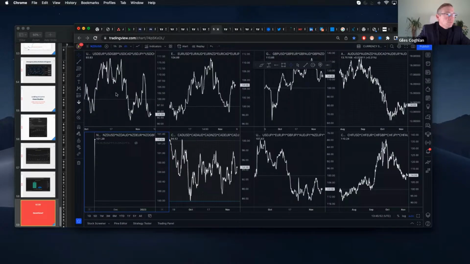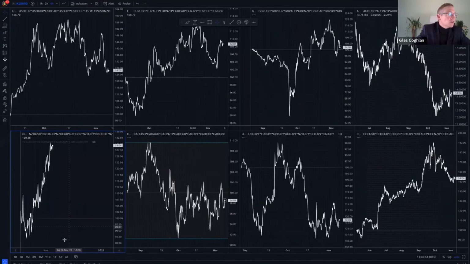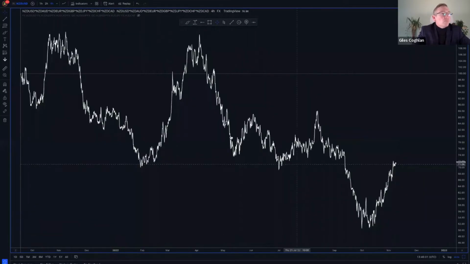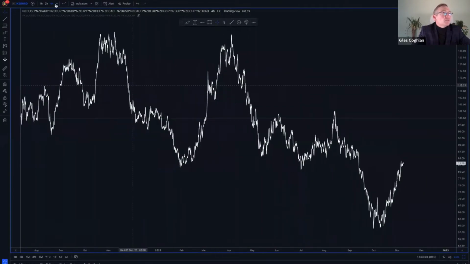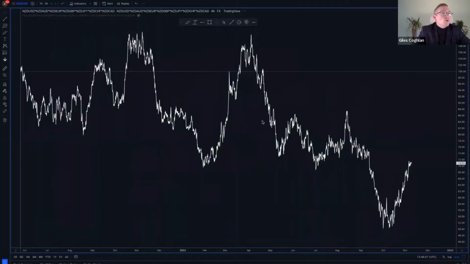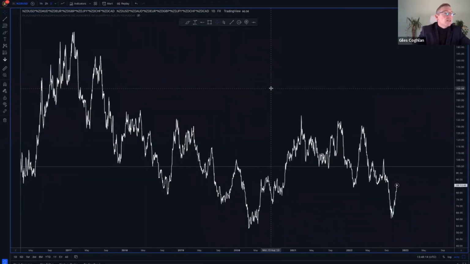Now, this is a basket of the New Zealand dollar that I've got here, right? Now, if you go back on this chart, I'm just going to 2021 November, right? You can see, yeah. So 2021 November.